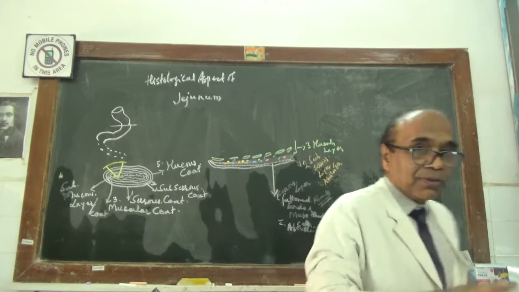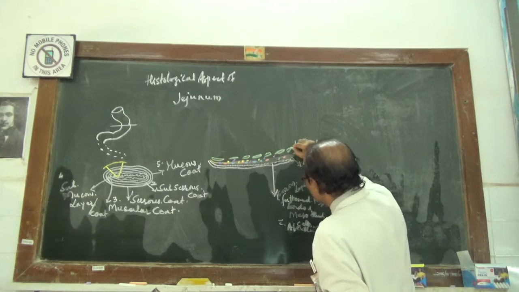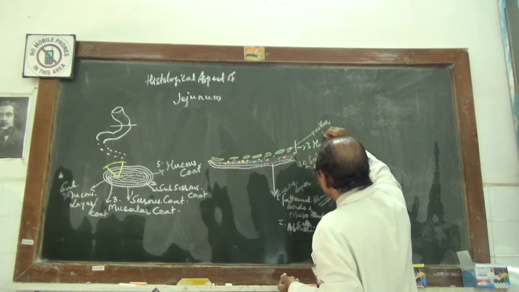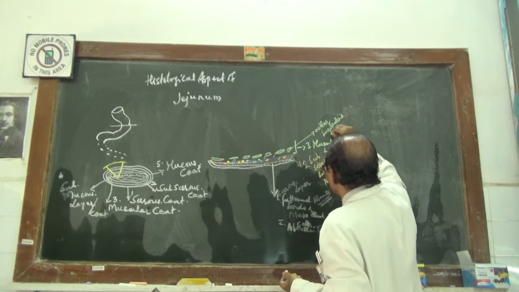For the purpose of explanation, the muscular layer is divided into two. This is the outer longitudinal muscle layer.